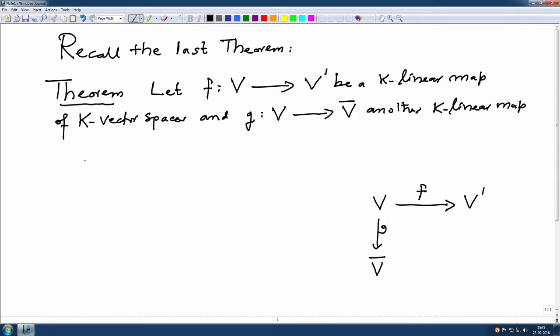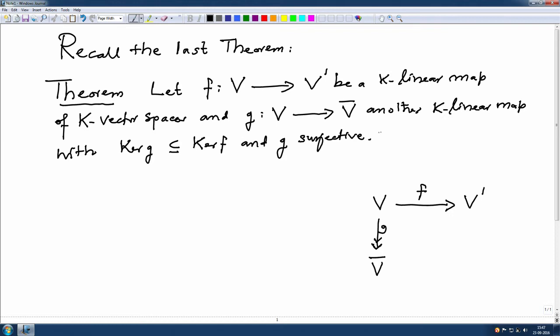We assume kernel of G is contained in kernel of F, and assume G is surjective. Sometimes surjectivity I will also denote by putting two arrowheads. That means the map is surjective.